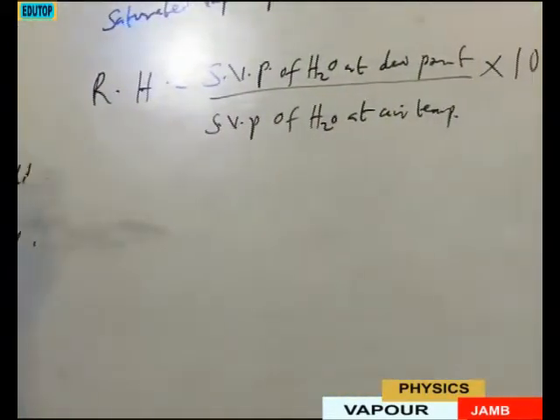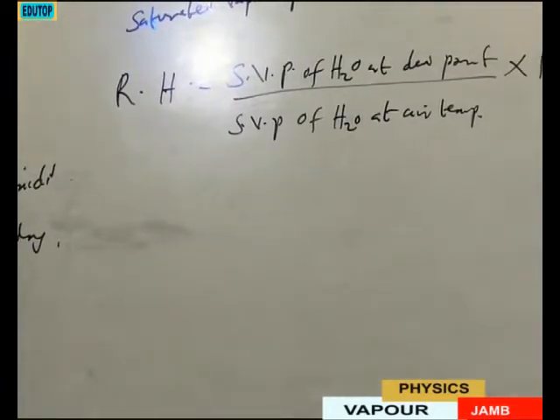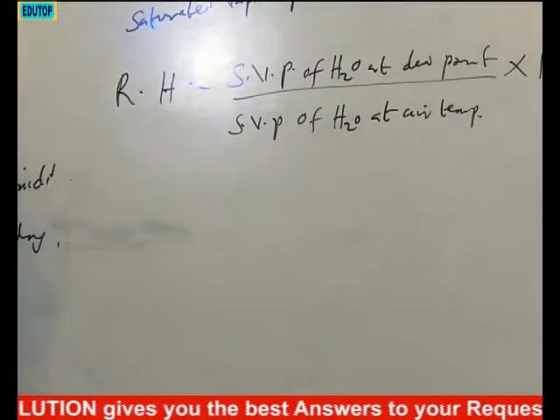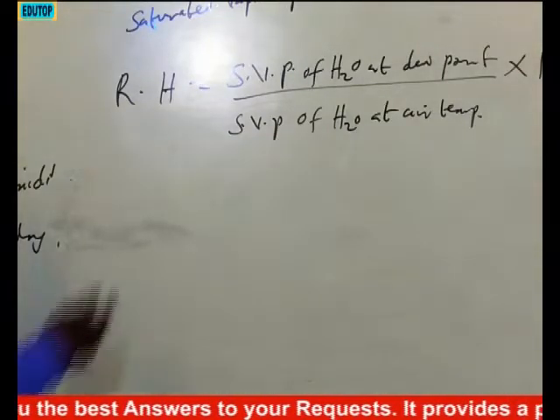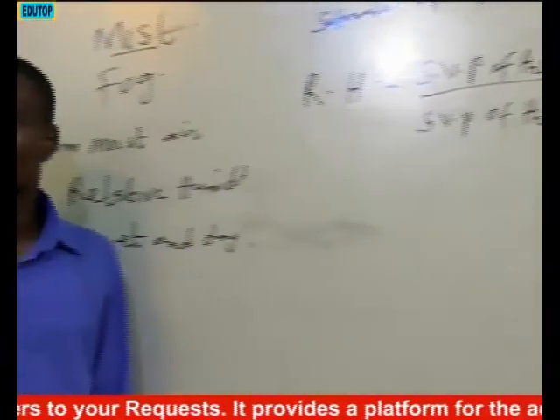That is how to calculate the relative humidity: the SVP of water at dew point, then the SVP of water at air temperature, all multiplied by 100%. You will see how this formula can be used as we continue.